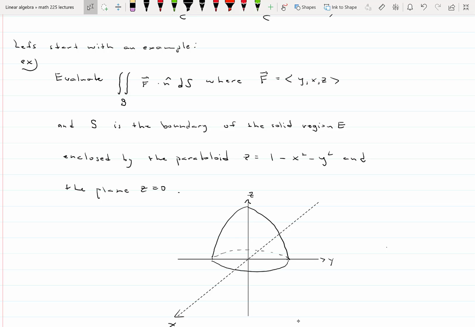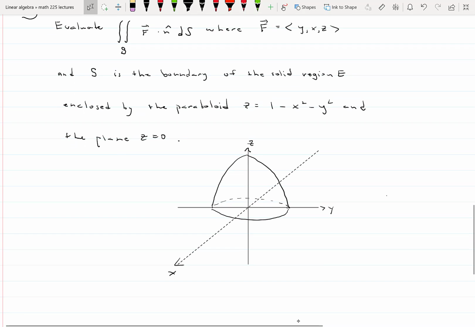And S is the boundary of the solid region E, pictured below, enclosed by the paraboloid z equals 1 minus x squared minus y squared, and z equals 0. So this is where we'll begin our work for tonight, or today, depending on when you're watching this.